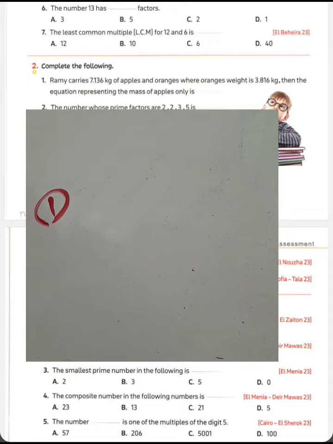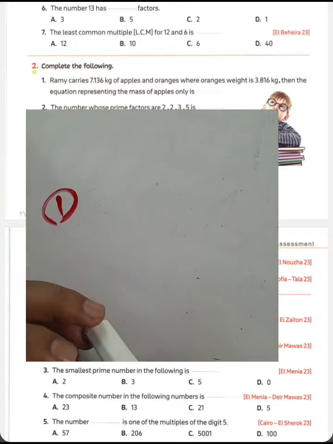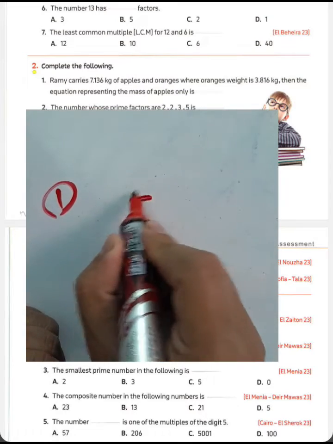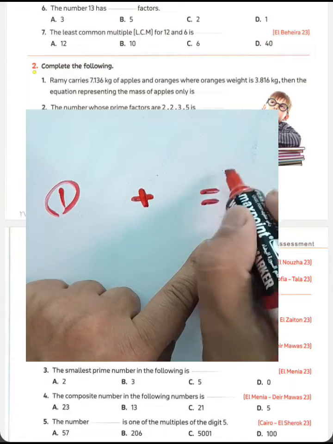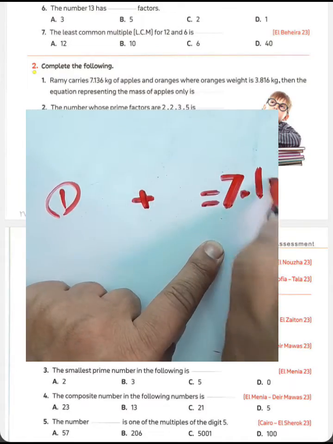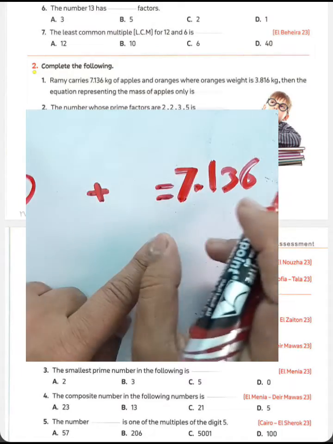Then the equation represents the weight of apples only. We can find the weight of apples. We know the sum of them equals what? It gives us the total, 7.136. It's the total weight.